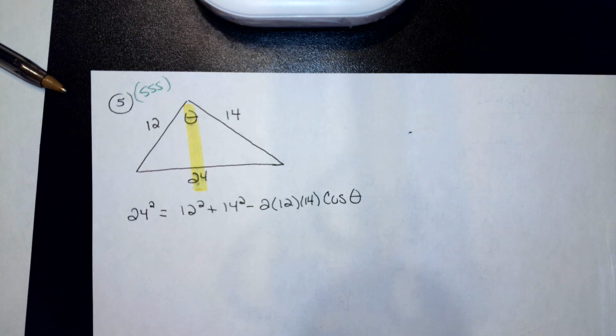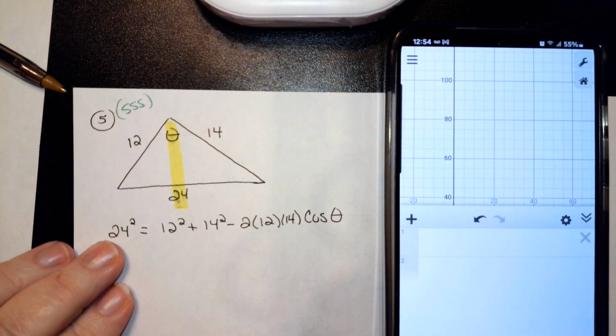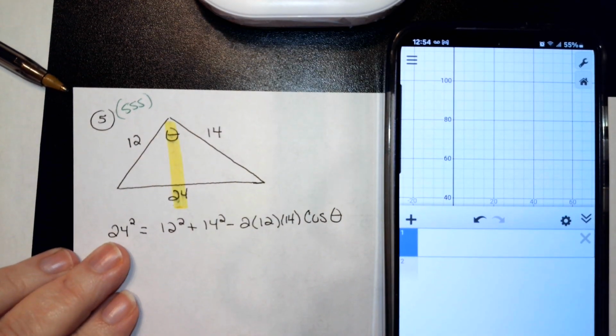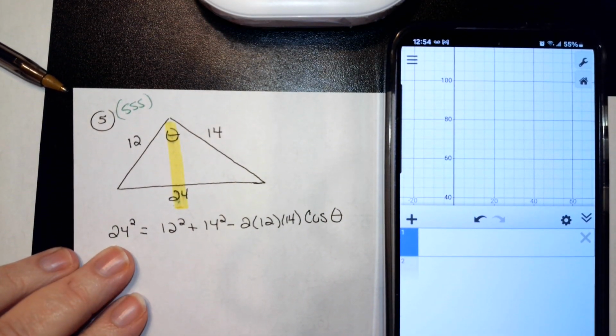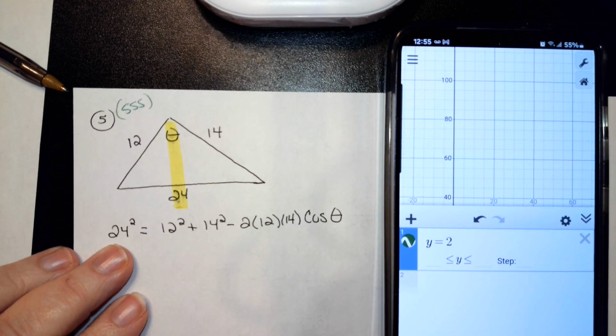Alright, so we've got an equation to solve, so we're just going to put it in Desmos again. So I'm going to do y equals 24 squared. Let's try that again. How about put a 24 in there? 24 squared, there we go.